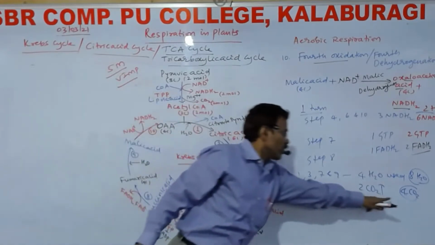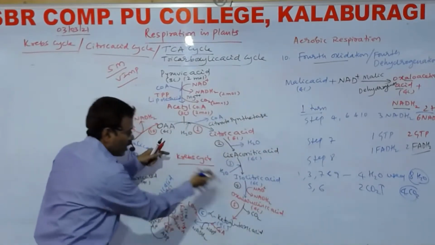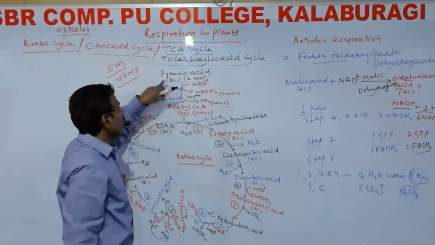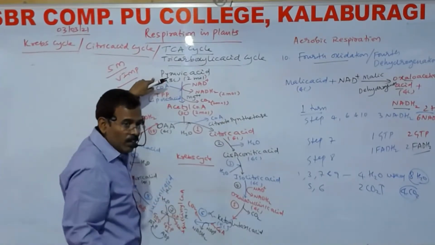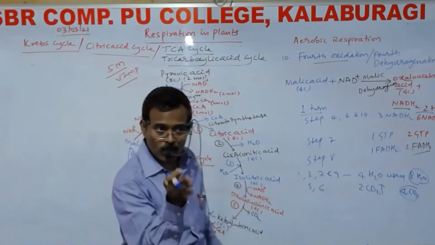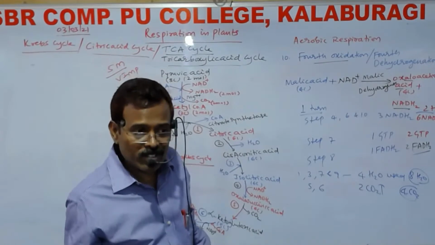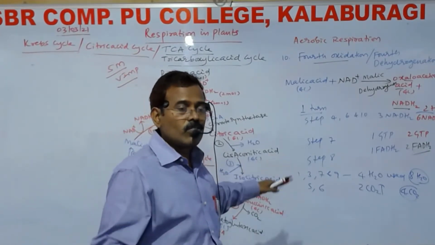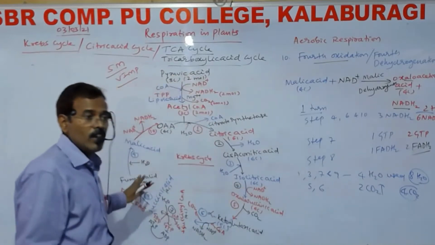So 4 carbon dioxide during the Krebs cycle, 2 during the preparatory step. Total how many carbon dioxide? 6 carbon dioxide. So when one glucose molecule breaks, 6 carbon dioxide are produced.